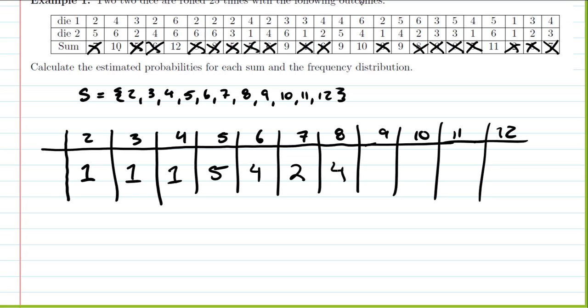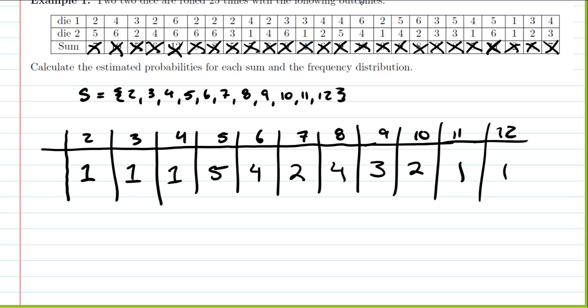Go through my list. How many 9s do I have? 1, 2, 3. How many 10s do I have? 1, 2. How many 11s do I have? Just 1. And how many 12s did I get? 1. So those are my relative frequencies for each of these, right?